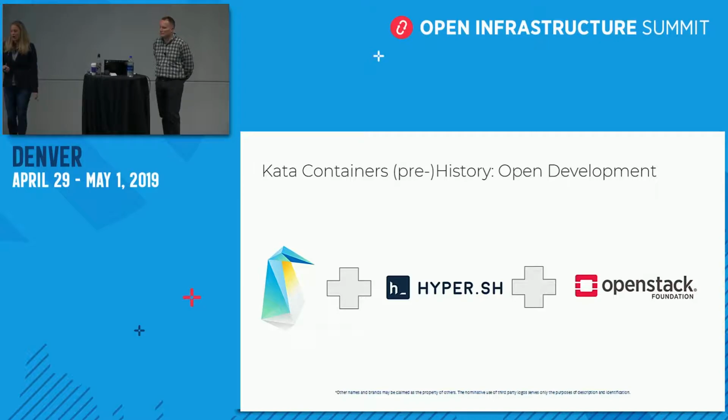So even today in Kata Containers, the governing structure, and we'll go through this in more detail, is really just the technical committee. There's not necessarily an overall governing board, just a technical committee focused on those technical contributions.